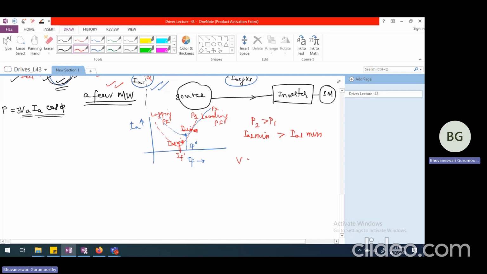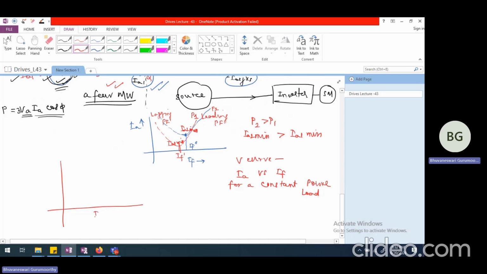So the V curve is always plotted in such a manner that it shows the armature current versus the field current variation for a constant power. And the inverted V curve is somewhat like this.